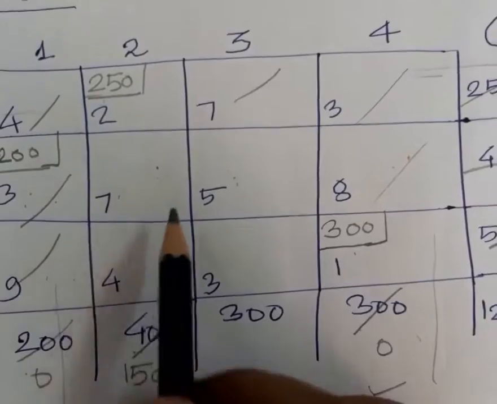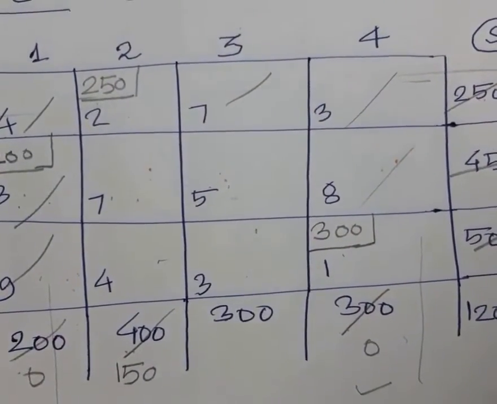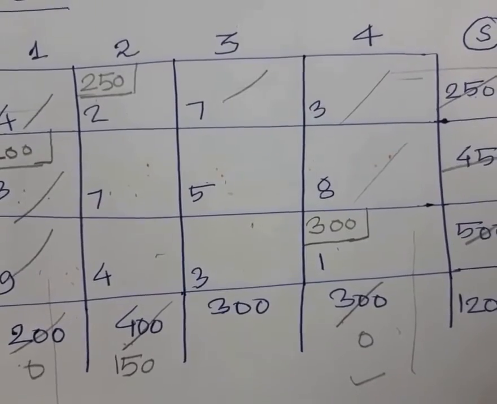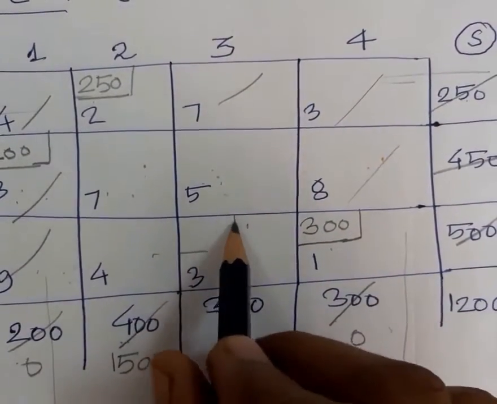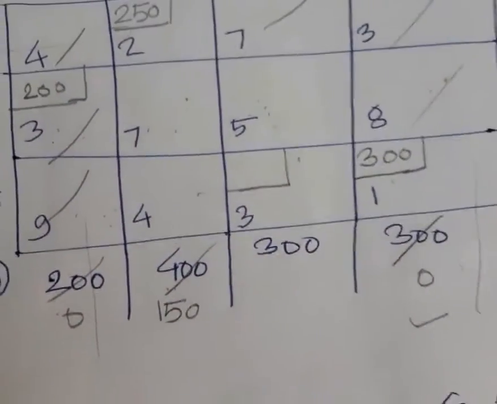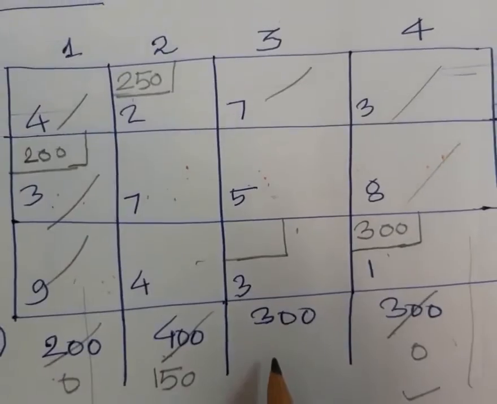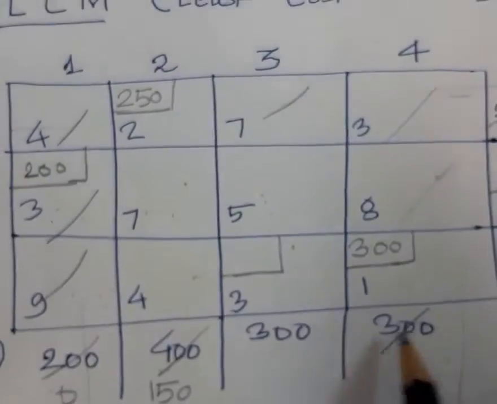Now see, we are having 4 cells. Out of 4 cells, which one is the least one? Yes, these 3. I can allocate units here also. Now I can allocate maximum units here, 200.